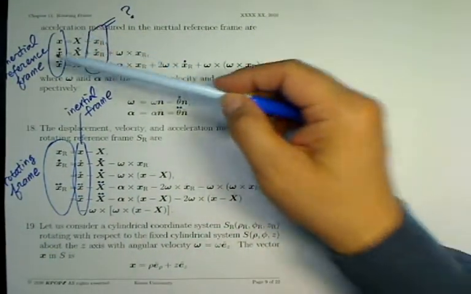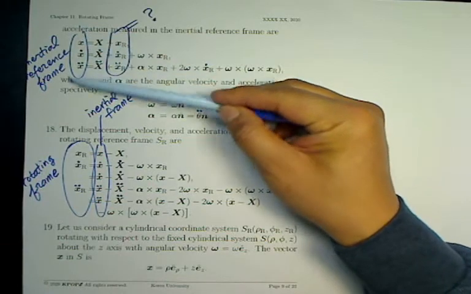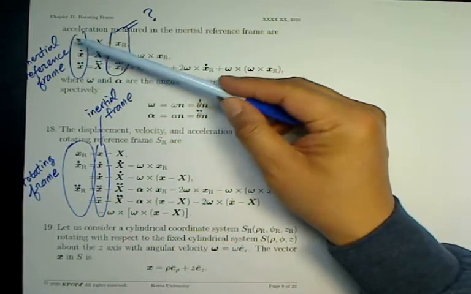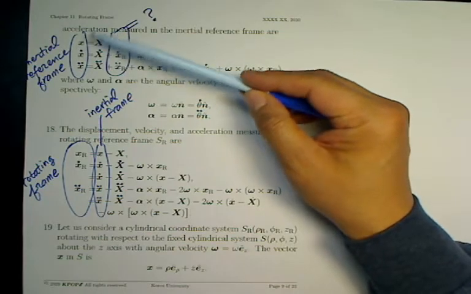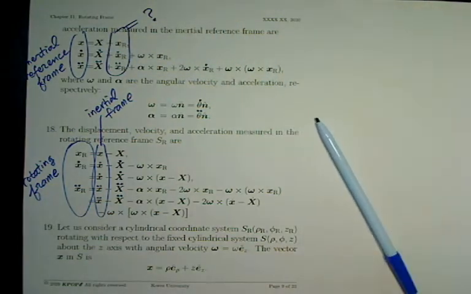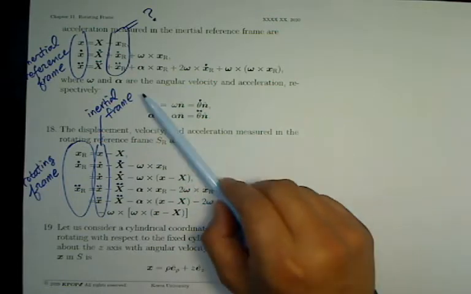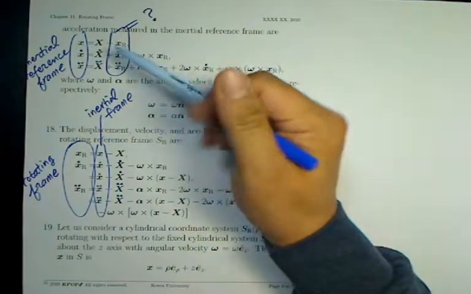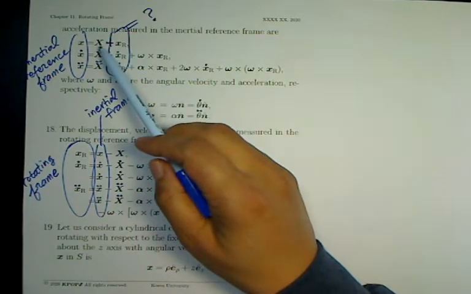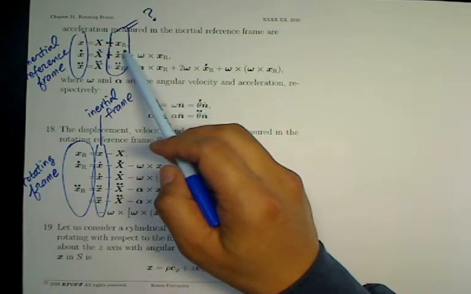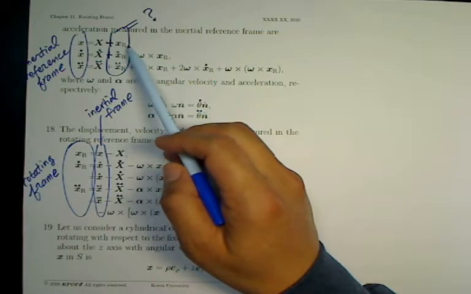Therefore, in summary, in an inertial reference frame, we measure, capital X is the reference point at which the fixed axis of rotation is placed. This is O plus, right? From this point, the particle's position is measured in the rotating frame.